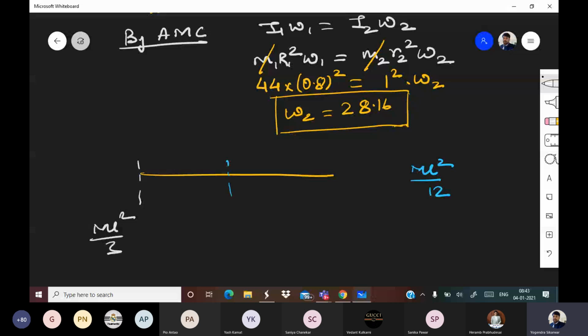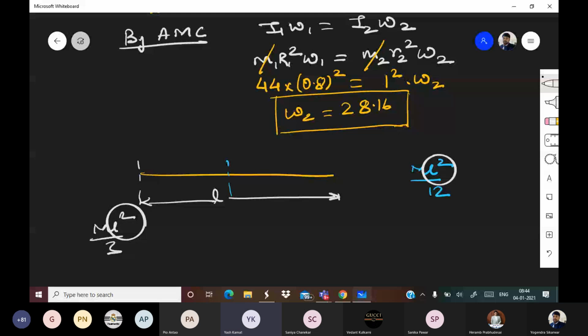And L is the total length of the rod. In both cases, L is the same, which is the total length of the rod. Are you listening? Yes. Okay, sir. No, but from where did you get this confusion? No, sir, I thought it.